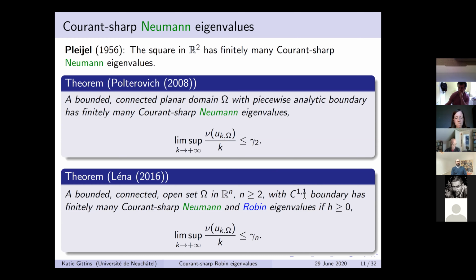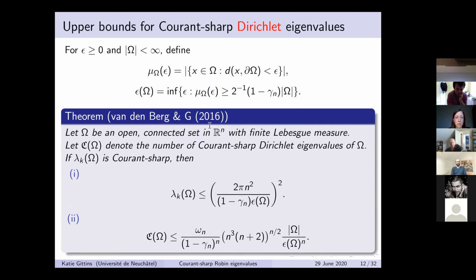So let's suppose you give me some domain omega in Euclidean space of finite measure. Then with Mikhail van den Berg, we obtained the following bounds. If I define mu_omega(epsilon) to be the volume of an interior tubular neighborhood of the boundary of width epsilon, and then I take epsilon_omega to be the smallest epsilon so that this volume is not too small, then we have bounds in the following form.